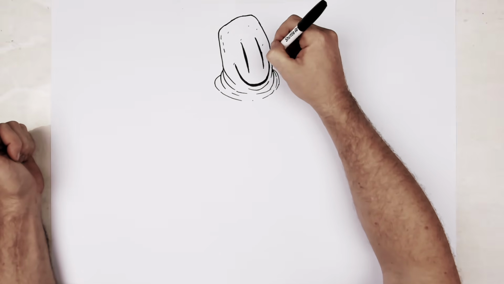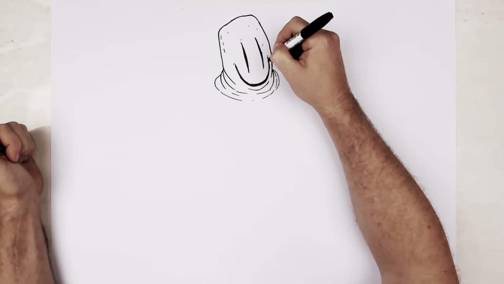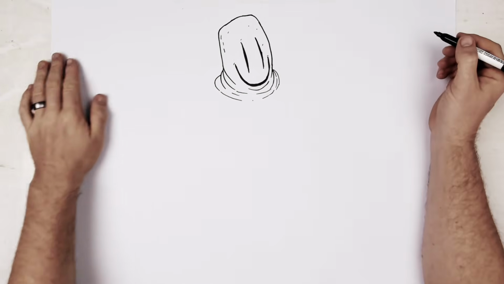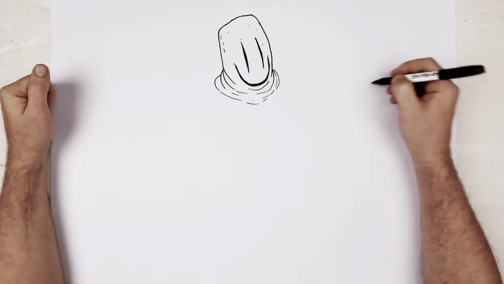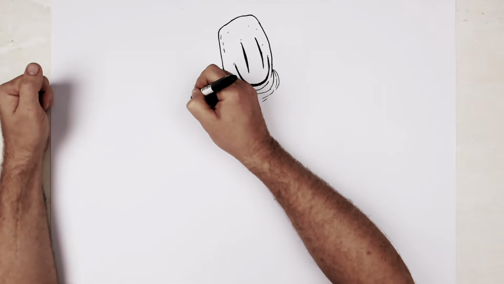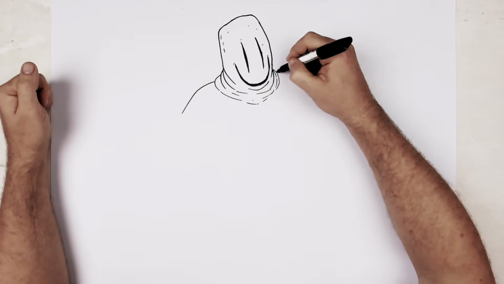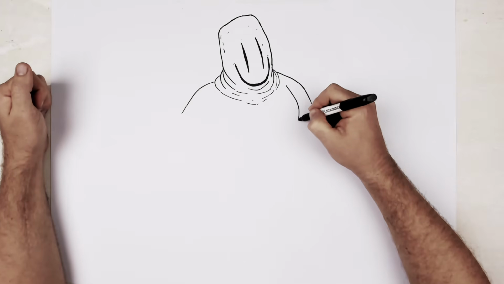So just make them all sort of textured as well. Okay, so shoulders that way, shoulder this way. And then we have a chest sort of area.